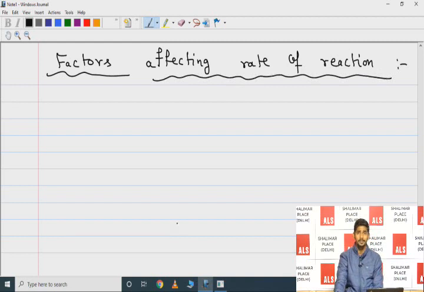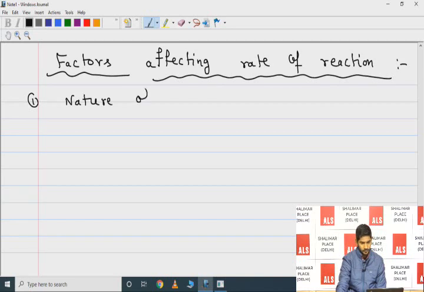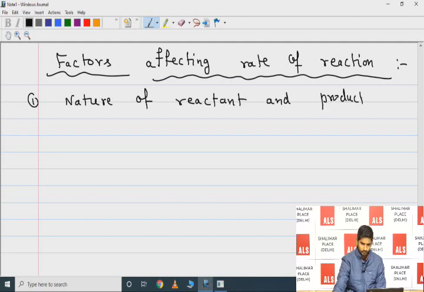So rate of reaction depends on many factors, and these are, first one is nature of reactant and product. Next, concentration of reactant. And yes, pressure as well as volume.